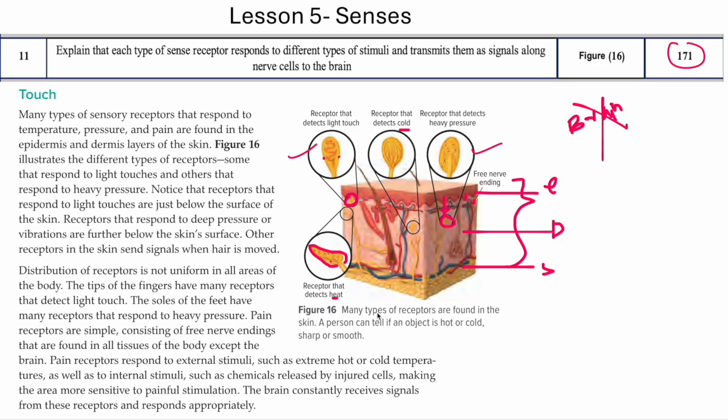And your brain is constantly receiving the inputs or signals from all these receptors and processing the information, and it is acting accordingly. This is the last part of the revision, and good luck to all of you for the exams.